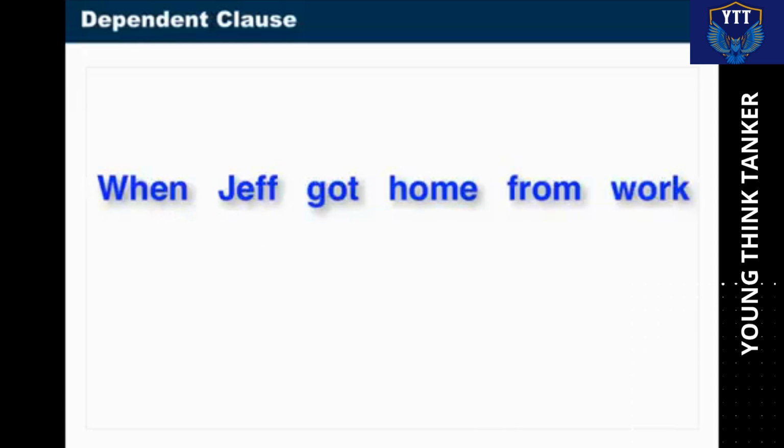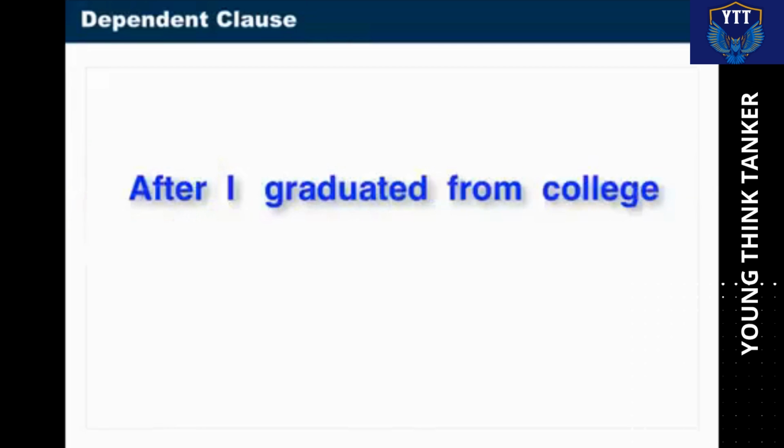Here's another dependent clause. When Jeff got home from work. Well, when Jeff got home from work, what? What's the rest of the idea? We don't know, so this is not a complete sentence. And the reason is because of the adverb clause connector, when. Here's another example. This is a dependent clause.